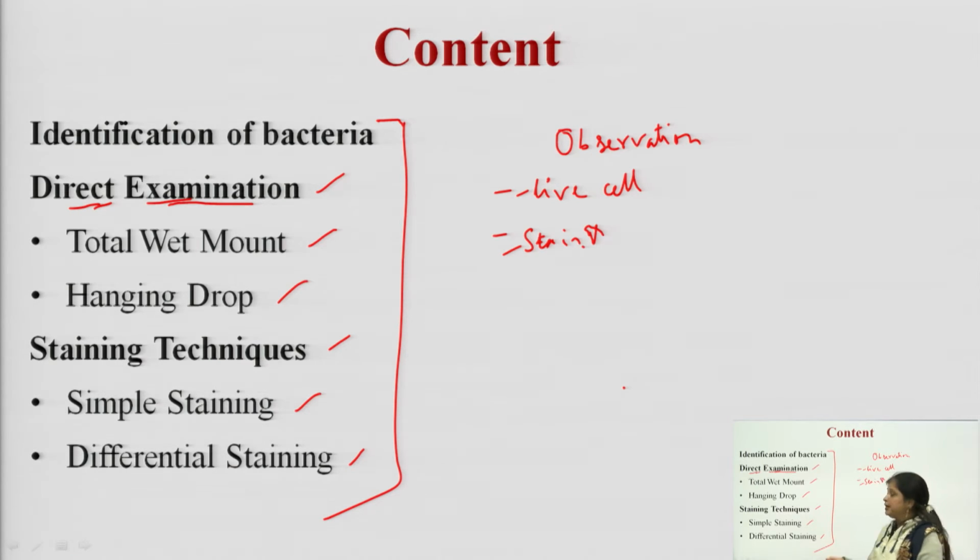We will place that sample onto the slide and observe by direct examination. Live cells will be seen using these two methods: the total wet mount method and the hanging drop technique. What is the main difference between total wet mount and hanging drop technique, we will discuss in this lecture.